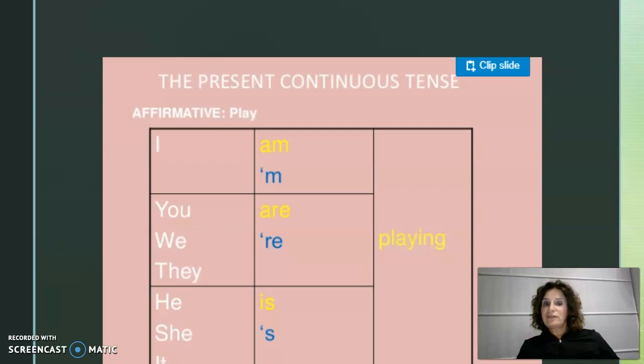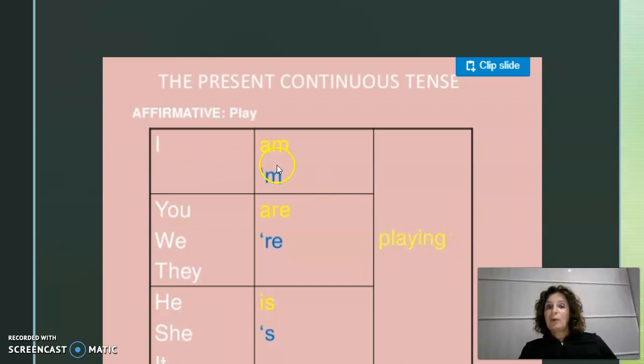In the grid, you see the present continuous tense of the verb play, and of course in the affirmative sentence. So in the first position we find the subject, then the verb to be, and the main verb plus ing.